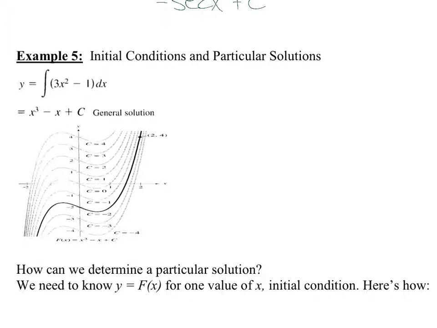And here we're looking at kind of the same idea. We have y is the antiderivative of 3x squared minus 1 dx, and we have this general solution for y: y is x cubed minus x plus c.